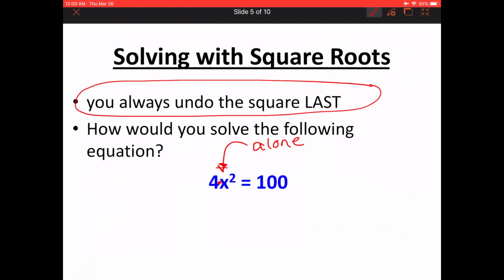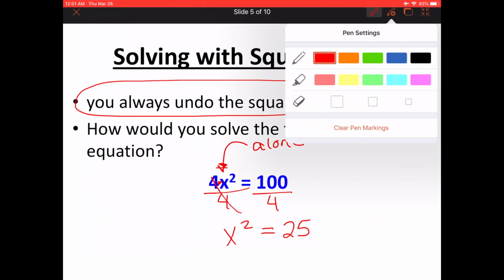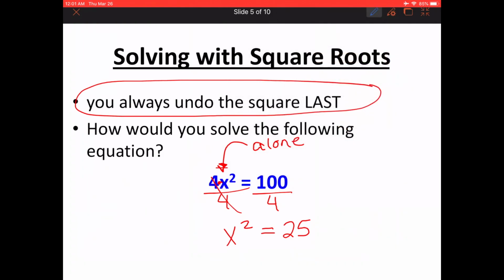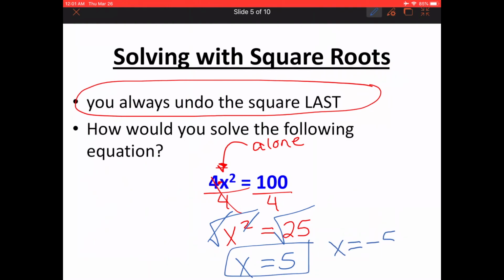So if it's 4 times x squared, the opposite of multiplication is division. So I'm going to divide both sides by 4, and now I have x squared equals 25. And so now in order to solve, to get rid of that squared, the opposite operation is a square root. So I square root both sides. I get x equals 5. And then don't forget my second answer as well, x equals -5.